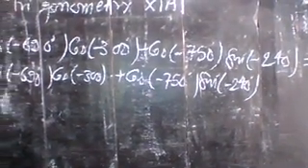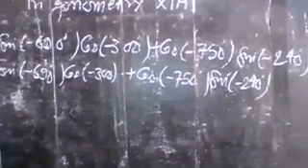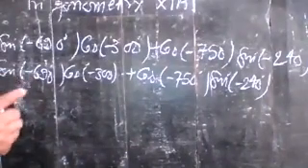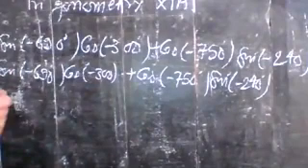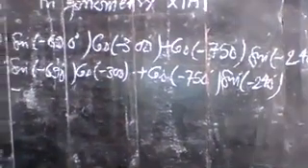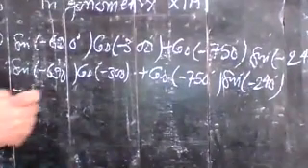Sine minus x is equal to minus sine x. Cos minus x is equal to cos x. So overall, here you have a minus sign.